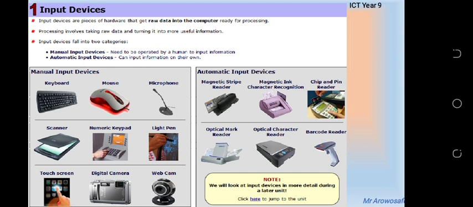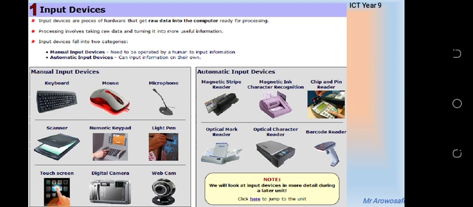It means before computer can process any raw data, that raw data must be entered or presented for the computer to process.